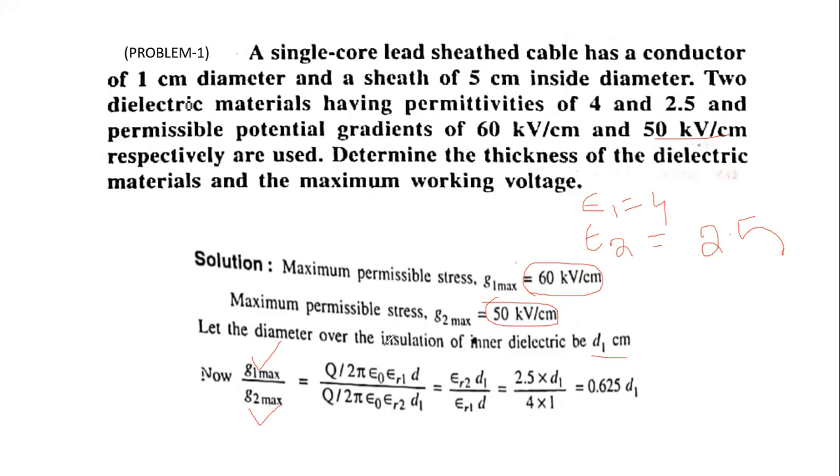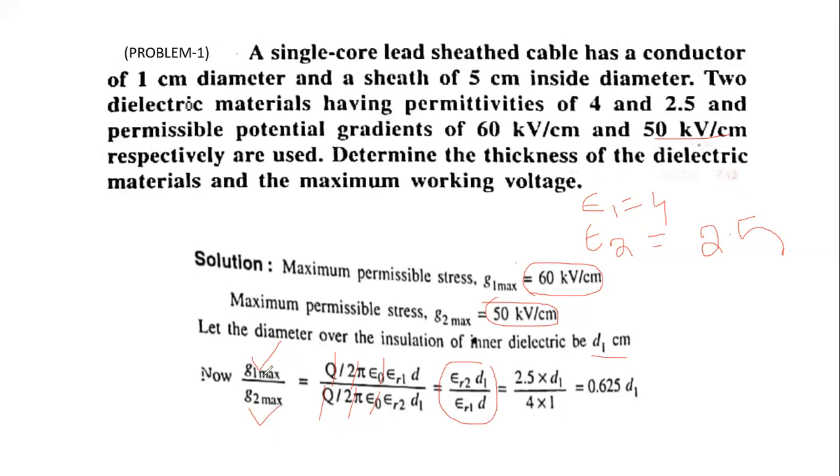Here Q, 2 pi and epsilon naught get cancelled. The remaining terms are epsilon R2 D1 by epsilon R1 D. This is the relationship between G1 max and G2 max.